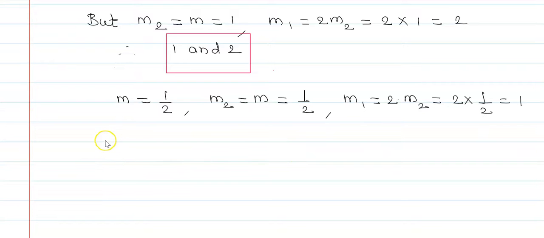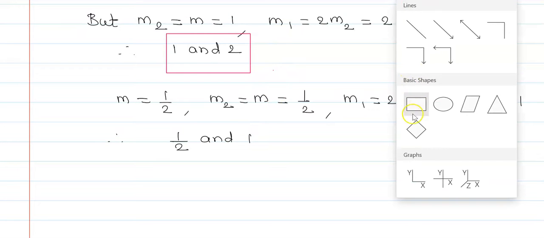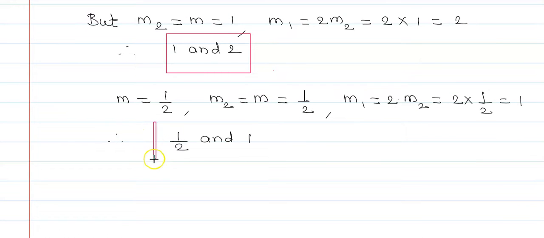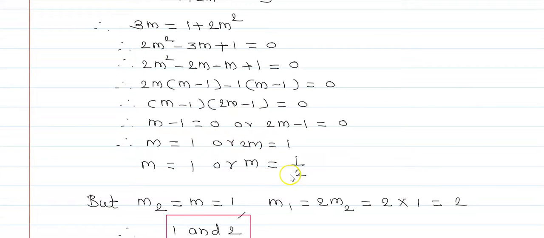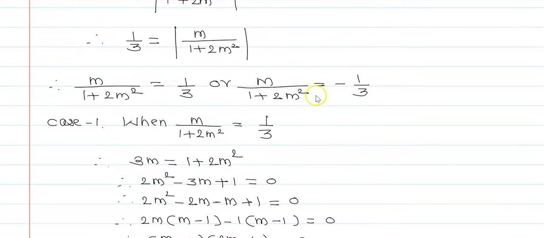Therefore, the second pair of slopes is 1 upon 2 and 1. This is the first case. What about the second case?